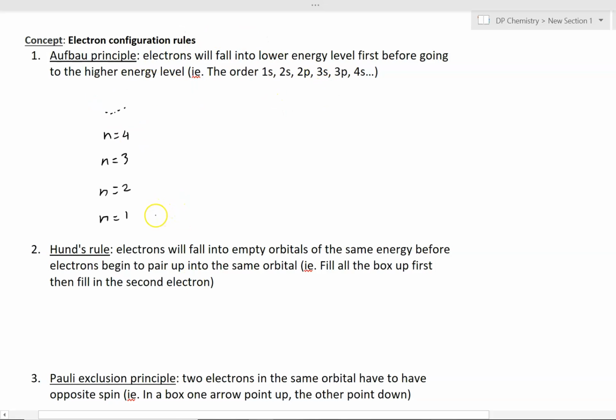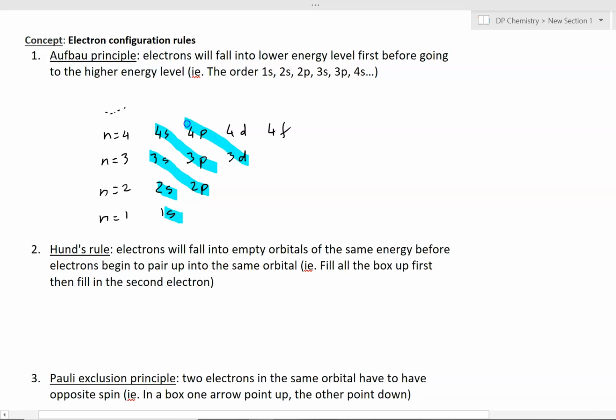Looking at the various n equals 1, 2, 3, 4, n equals 1 has one suborbital, 1s, n equals 2 has 2s, 2p, etc. The way the energy levels work is that 1s is lowest, then 2s, then 2p, followed by 3s, 3p, and then here's where 4s will be a lower energy level than 3d, and then 4p, and if we have 5s, it'll be up here, etc. So Aufbau is saying that the electrons need to fill 1s, 2s, 2p, 3s, 3p, and then 4s before filling 3d.